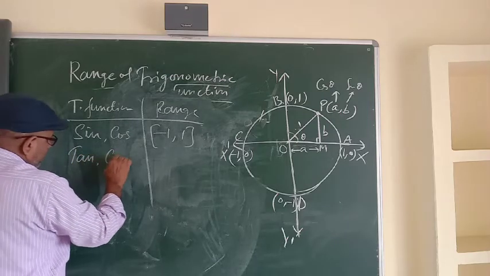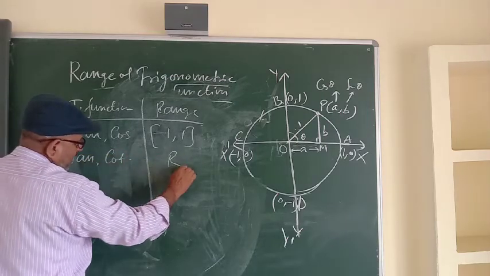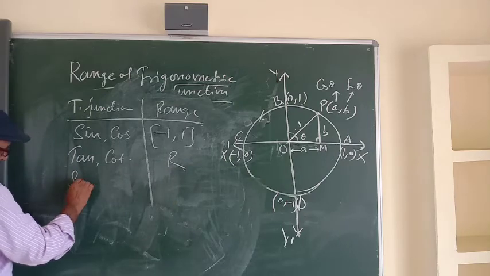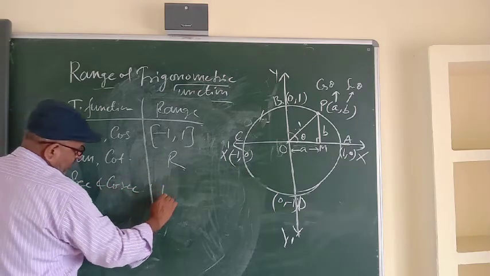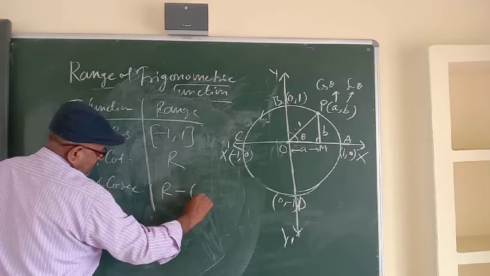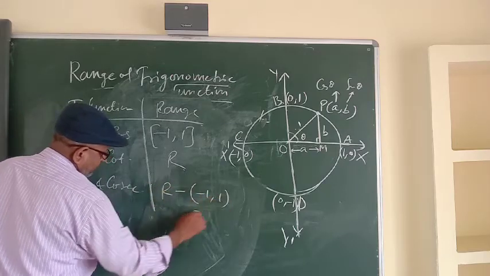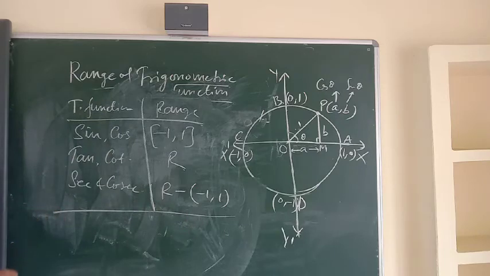Tan and cot, all the real numbers. Sec and cosec, all the real numbers except -1 to 1. So these are the ranges of the trigonometric functions. You have to remember the domain and range of all the 6 trigonometric functions.